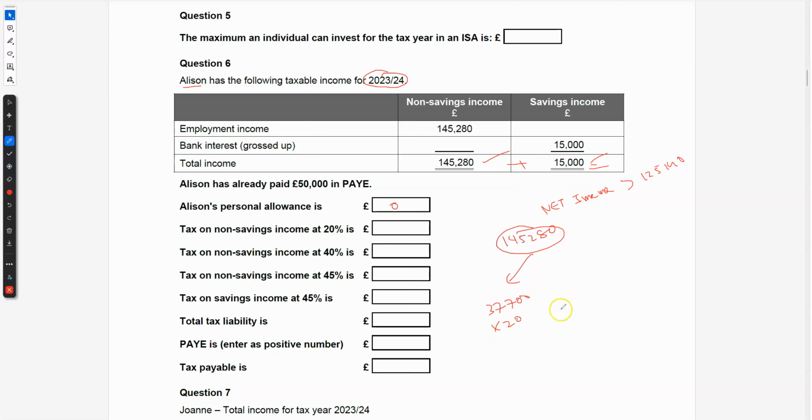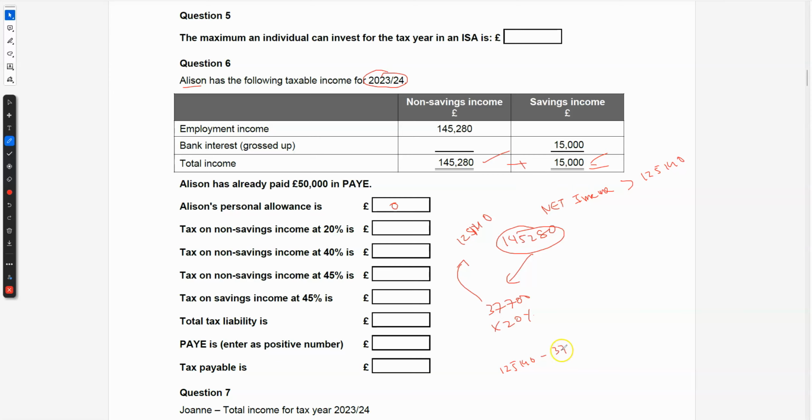But if Alison made any contribution to a personal pension scheme or gift aid donation, this band will be extended. Remember that. And from this up to 125,140, this amount will always be 40%. That's the higher band.